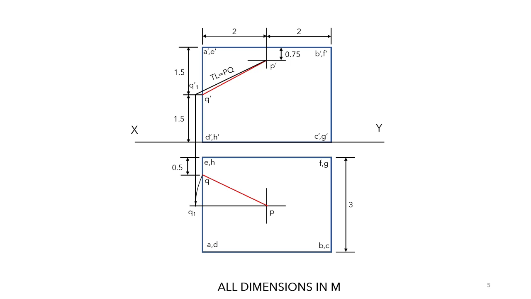So the length of this line will give the true length of the line PQ. And if you have done the correct dimensioning, the length of the line should come to 2.36 meter. After this, you can mention which one is front view and which one is top view on the drawing. This concludes the solution of the question.